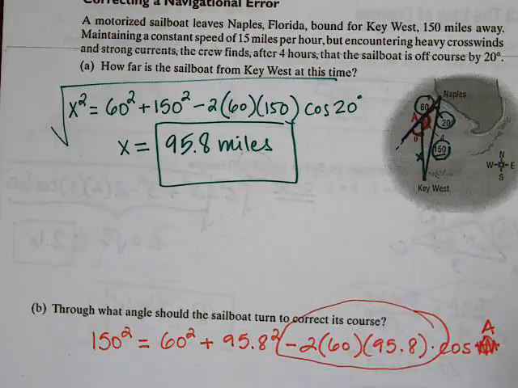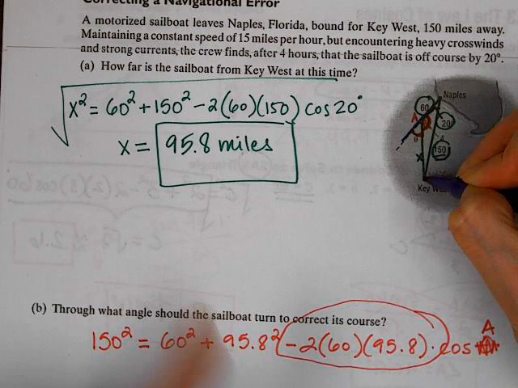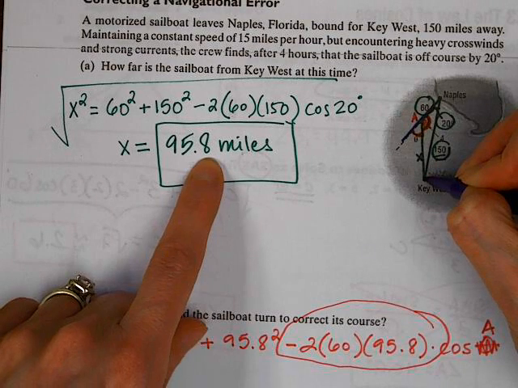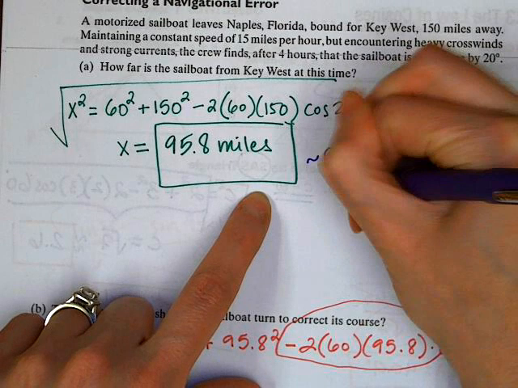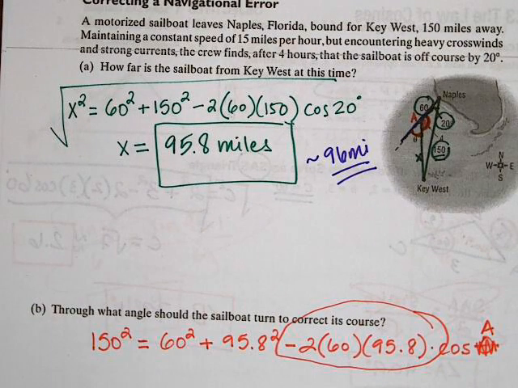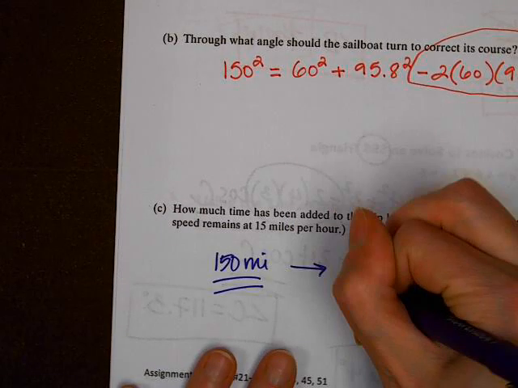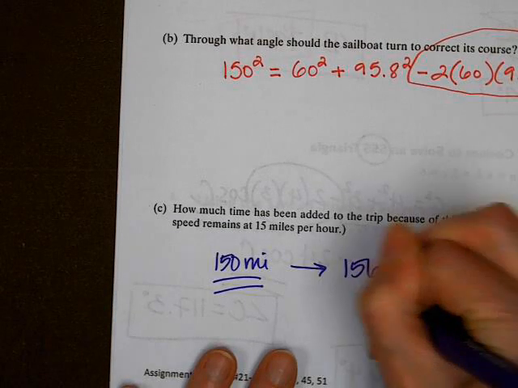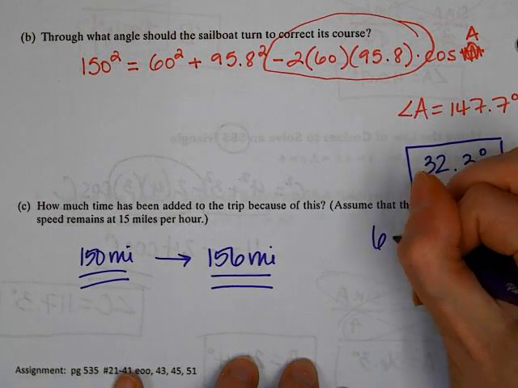But they ended up traveling 60 plus 95.8, and we can just round that to about 96 miles. So they ended up traveling 156 miles. So how many extra miles out of the way did they go? 6 miles.